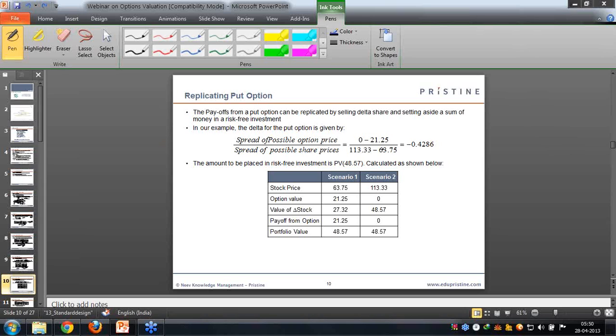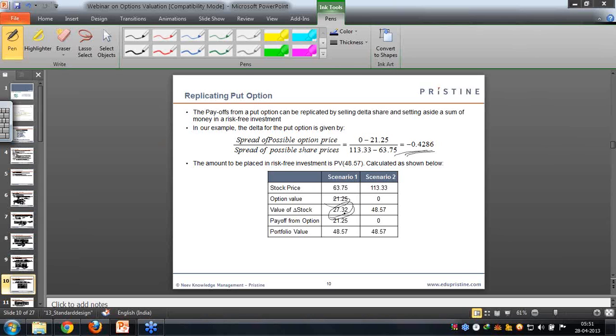So the delta will be again the same case, spread of option price by spread of share prices, which will give you minus 0.4286 here. And here the amount to be placed in risk-free investment will be the sum of the option value and the value of the delta stock.